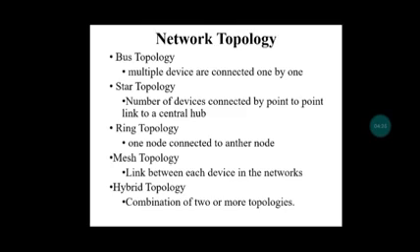Star topology is where a number of devices connect by point-to-point links to a centralized hub or switch. Ring topology is where one node is connected to another node, and that to another node, in a ring format. Mesh topology links each device in the network to every other. Hybrid topology is a combination of two or more topologies.